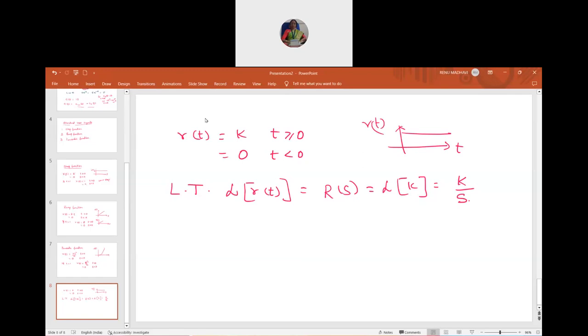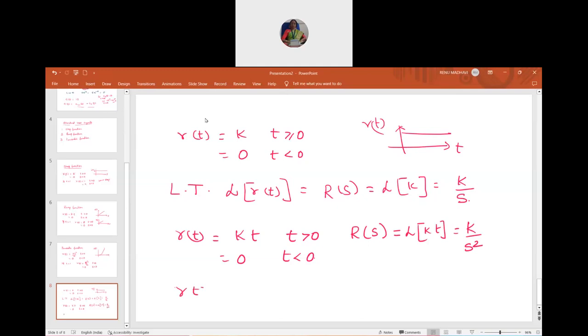Similarly, for the ramp input, r of t is kt for t greater than 0 and equal to 0 for t less than 0. For this, the Laplace transform R of s would be the Laplace transform of kt, which is equal to k by s square.